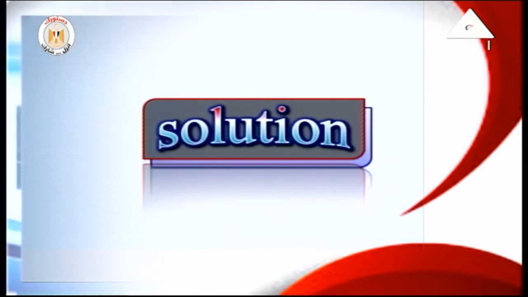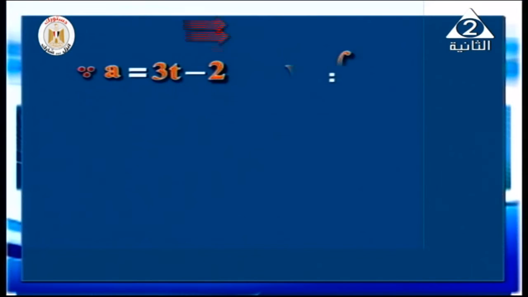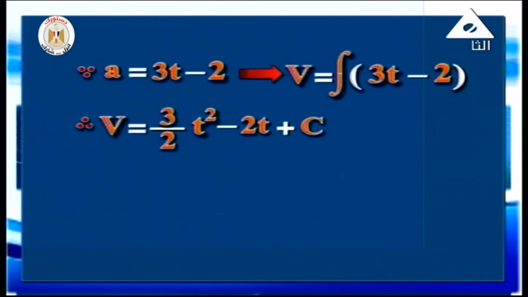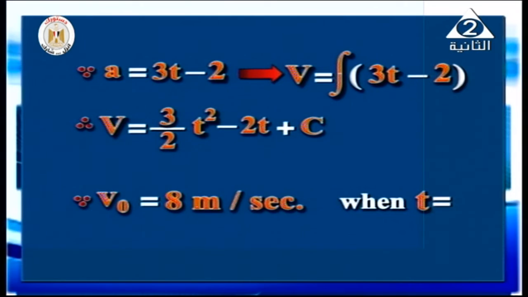Acceleration equals 3t minus 2. By using integration, we find the value of the velocity. What is the integral of 3t minus 2? It is 3t squared over 2 minus 2t plus c. What is c? My dear student, it is the constant of integration. V naught in this case equals 8 when t equals 0, which we use to find c. So c equals 8.